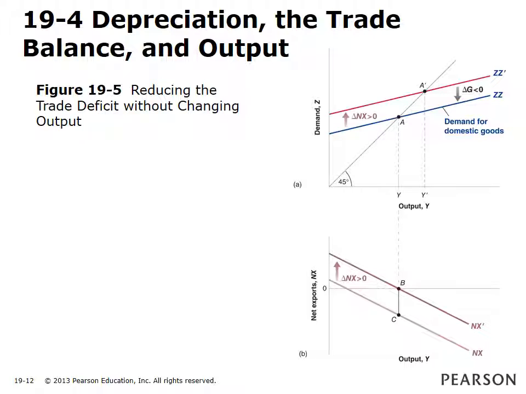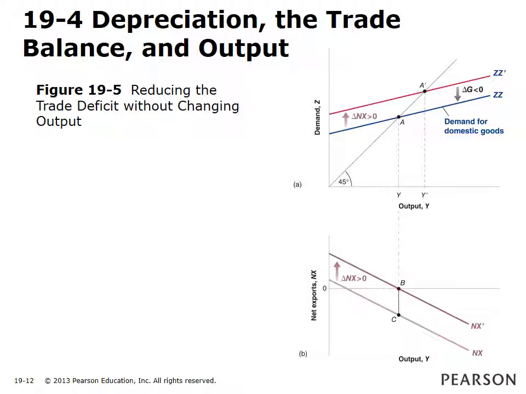Figure 19-5 shows that if output is at the natural level and the government wants to reduce the trade deficit without changing output, it can do so by using the right combination of depreciation and a decrease in government spending. Depreciation will shift up the net exports curve NX to NX prime and the ZZ curve up to ZZ prime. Trade balance would improve, but output would be higher.